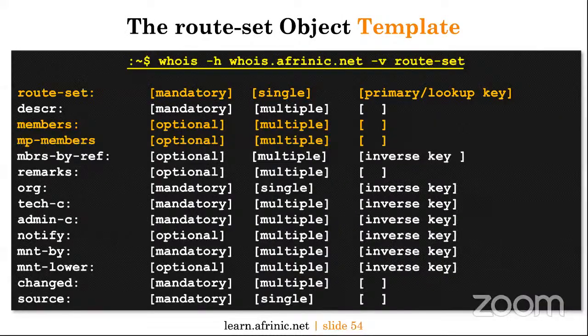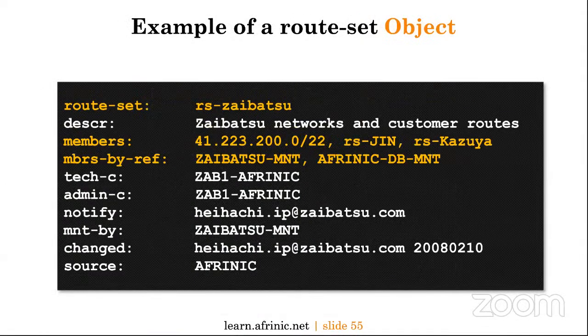And it also references other route sets. So the template looks like this also. You have the route-set, which is mandatory, and then the members and mp-members are optional. And they are multiple, which means they can take multiple values of prefixes, okay? Not route objects. So this is an example of one.